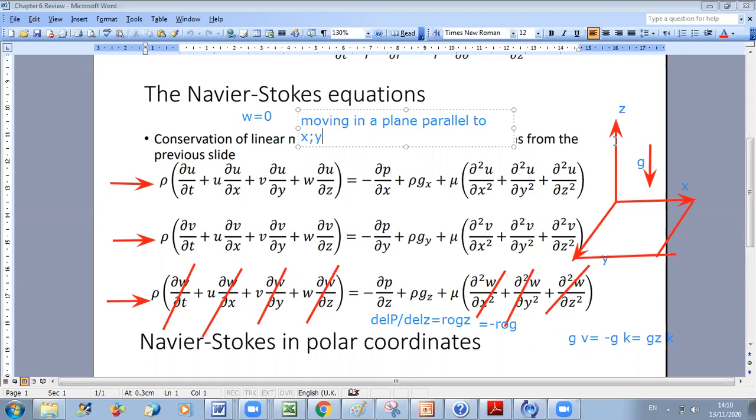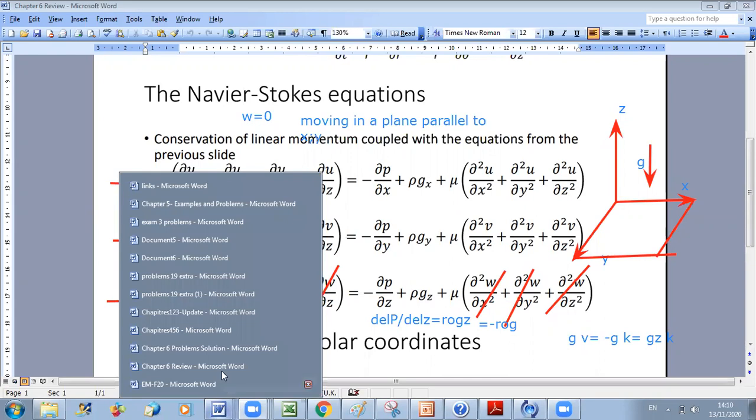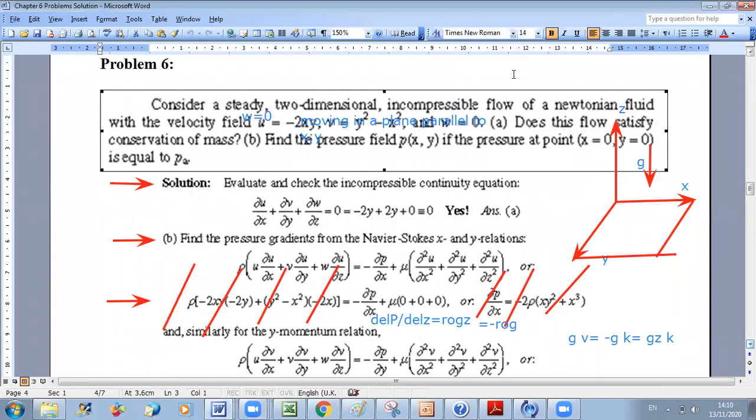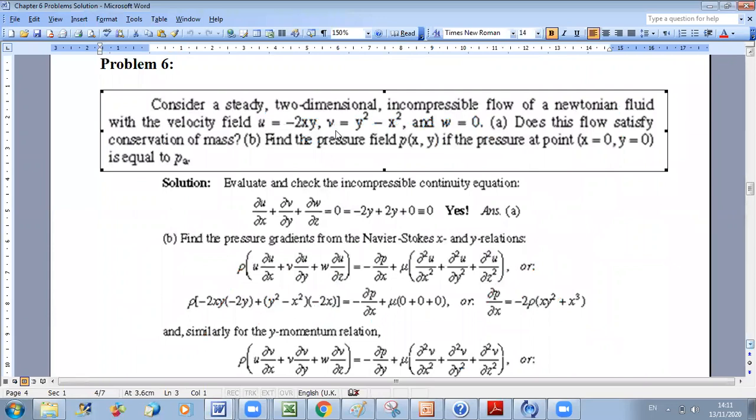Now, second step, I want to apply the x and y relations. To be able to apply them, I should go to my given and see what u and v are. So let me go back here. u is minus 2xy, and v is y squared minus x squared.